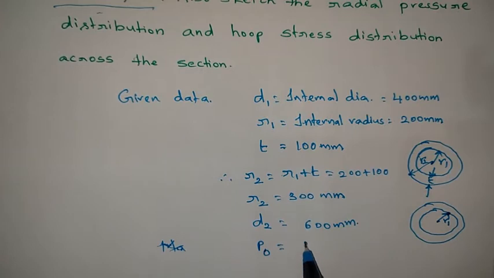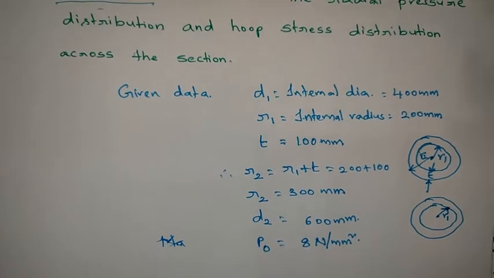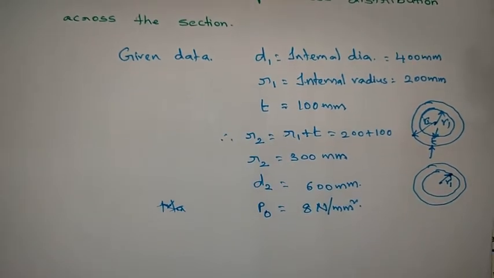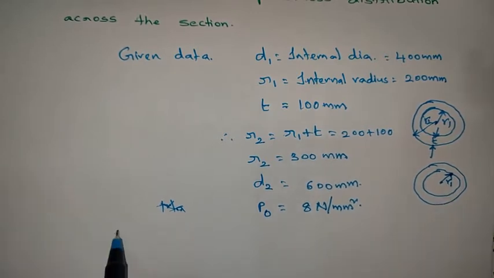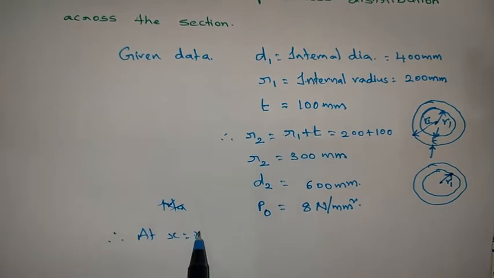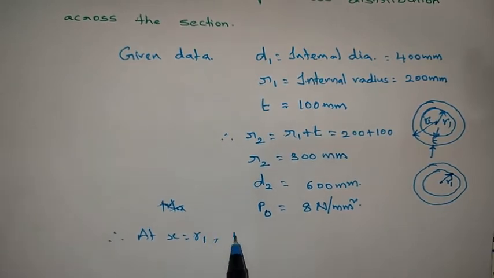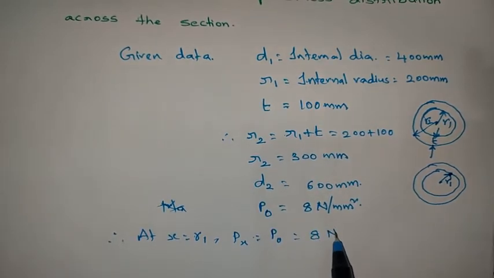So that equals to 8 Newton per mm square. Okay, so that is at what place? At x equals to R1. Therefore, what we can write? At x is equals to R1, the value of Px equals to internal pressure P0, that equals to 8 Newton per mm square.